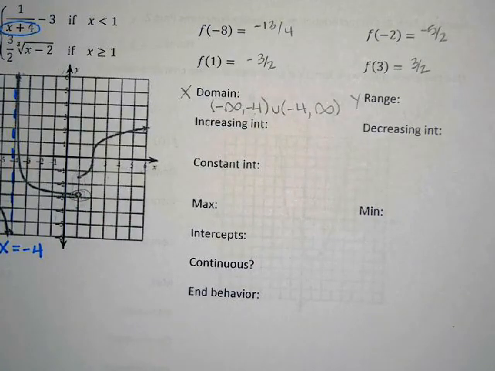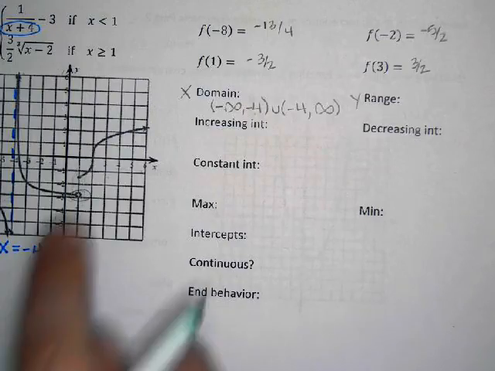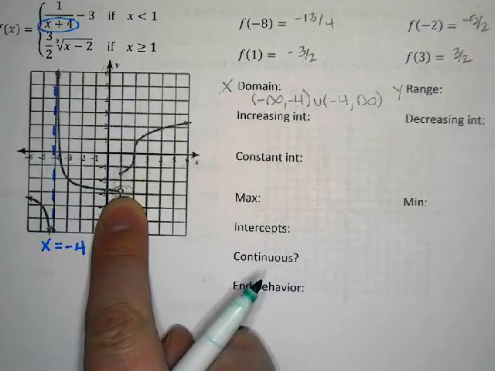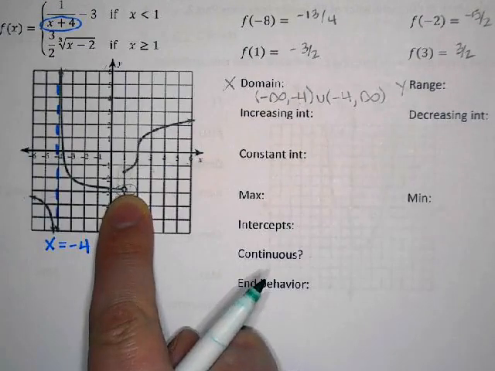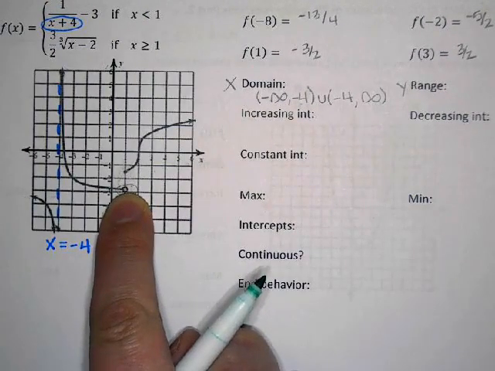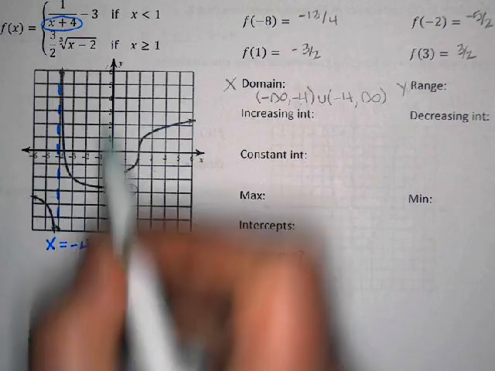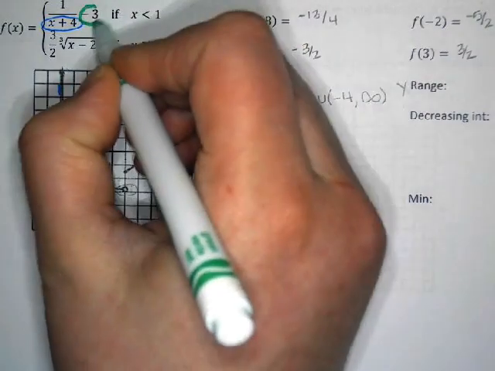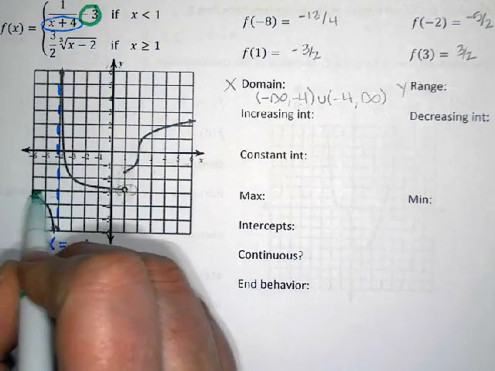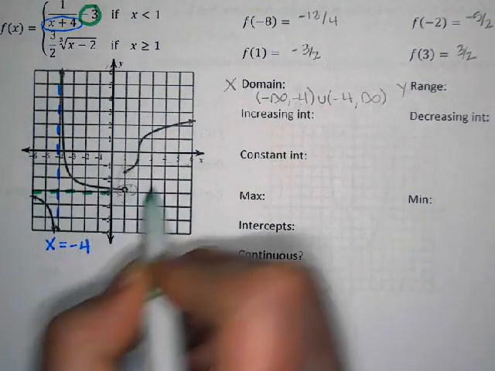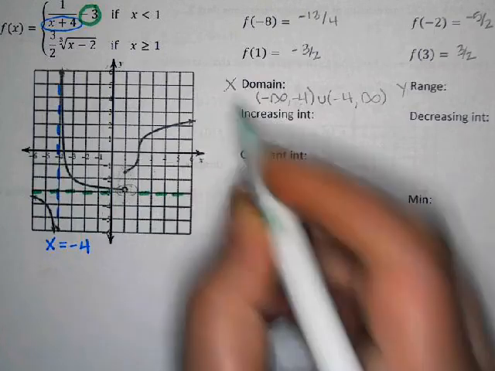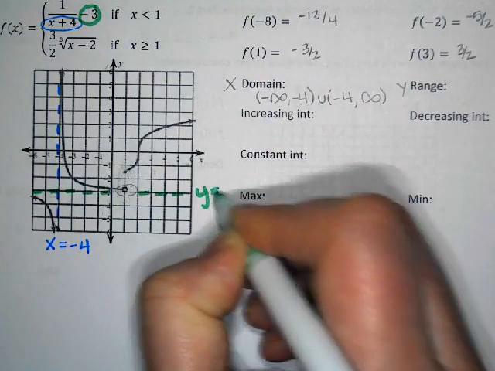And definitely I'm concerned about it right here because of this little hole right there. In fact, I don't even know if that's actually at -3. I'm going to have to check that. But I'm definitely concerned about the -3 because of the horizontal asymptote. So y equals -3.